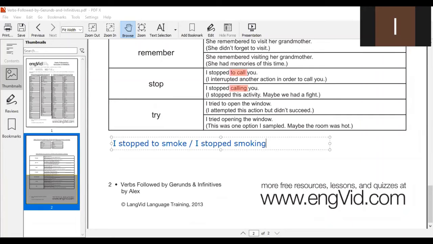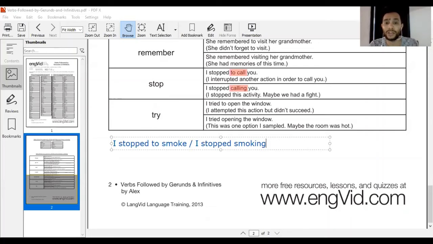No, right? Ese hábito que tenía, ya no lo vuelvo a hacer, right? Esa acción que hacía con regularidad, ya no vuelvo a hacerla. ¿Por qué? Bueno, eso depende de la situación. Yo ahora les estoy dando una situación en este momento, el doctor me dijo que estaba por morirme, así que la única manera de salvarme era dejar de fumar. Por lo tanto, dejé de fumar. Ya no vuelvo a hacerlo, right?